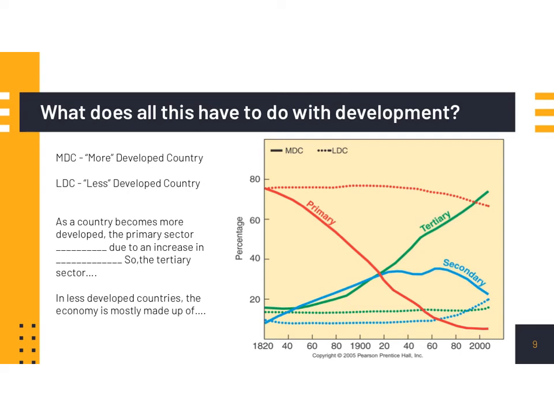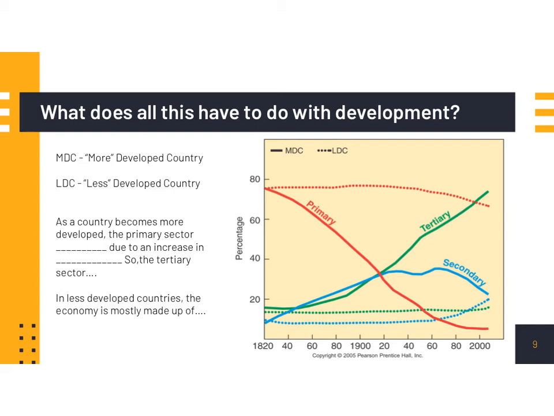For example, Haiti, not very developed. Equatorial Guinea, not very developed. And then there's countries that are kind of in the middle of that, like Mexico, it's becoming more industrialized, but it has not been as industrialized as long as the United States.